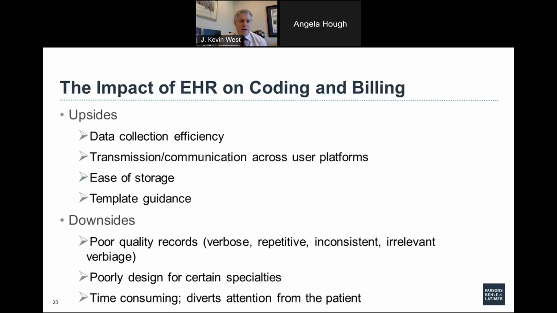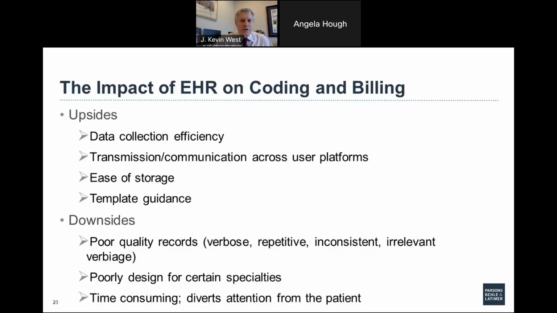I can't talk about coding and billing without going back, as I have in prior webinars in this series, and talking about the impact of electronic health records. It would be wrong to give an all or nothing impression that it's all good or all bad. Certainly there are many wonderful things about electronic health records in terms of the efficiency of collecting data and the ability to transmit that data across user platforms.